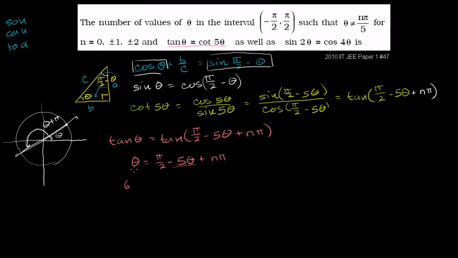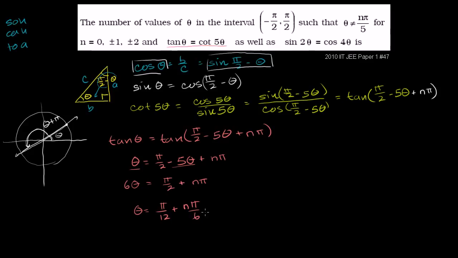We're adding this to both sides. So you get 6 theta is equal to pi over 2 plus multiples of pi. There's a plus right over there. Divide both sides by 6. I get theta is equal to pi over 12 plus n times pi over 6.